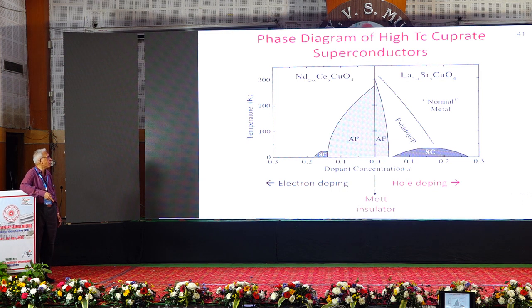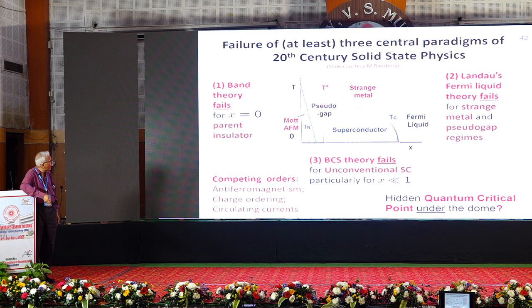And all of them have complicated phase diagrams. So you can dope the base material, lanthanum copper oxide, with strontium. It's called hole doping because it removes electrons from the copper, or you can do electron doping, add electrons, and all of them show superconductivity to varying degrees and a very complicated phase diagram.